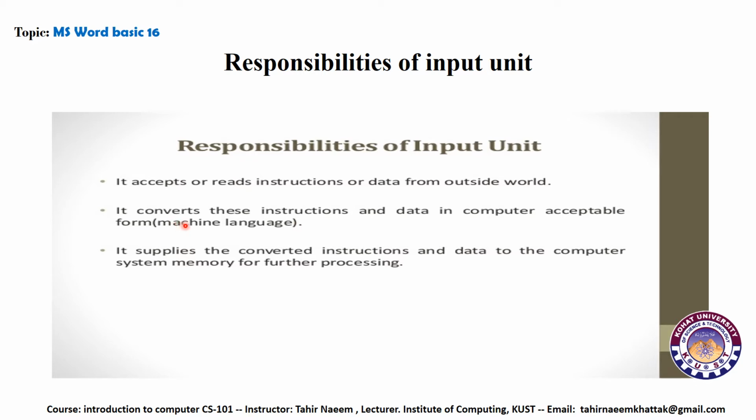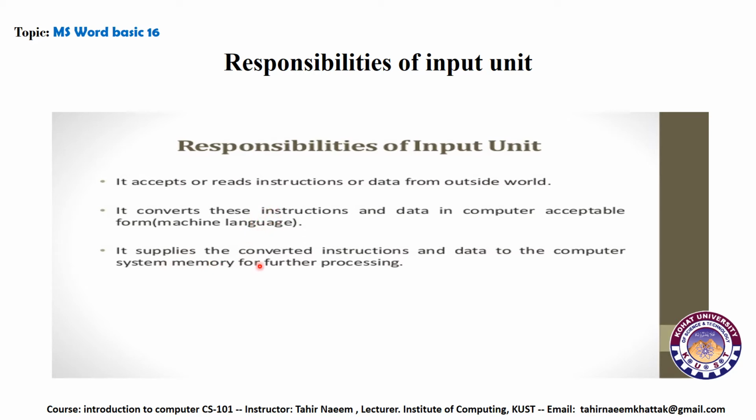Then the input unit converts these instructions and data into an acceptable form, or machine language. We know that the computer doesn't understand decimal numbers or English or any other language. So we have to convert this data or programs into machine-readable form, or machine language, and this conversion is the responsibility of the input unit.